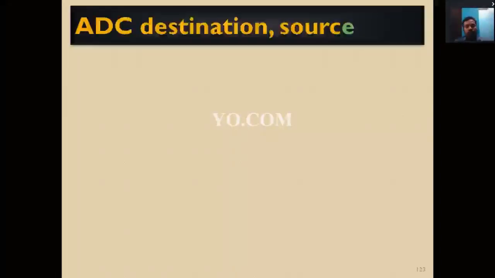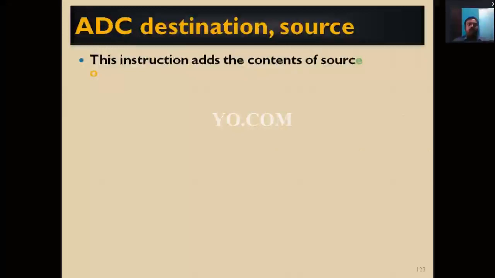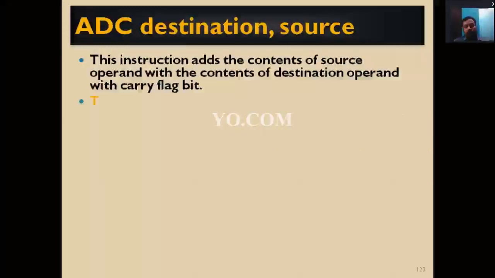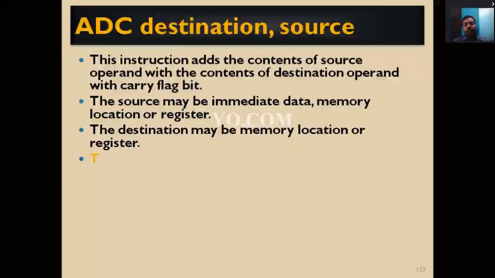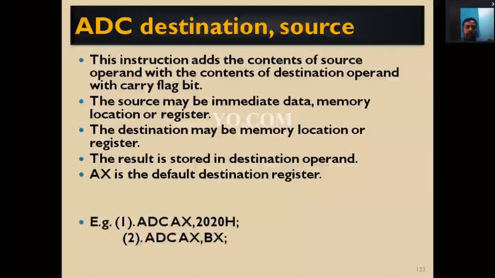Next one we are going to see, ADC destination comma source. This is also an addition instruction. This instruction adds the carry flag value along with the two numbers, so it is add with carry. It adds the source, the destination and the carry flag value.